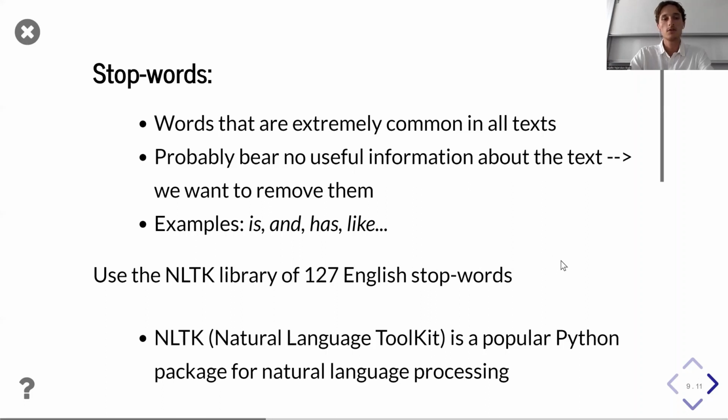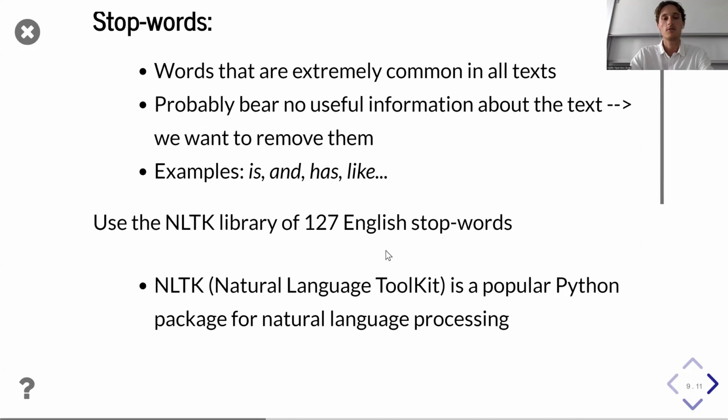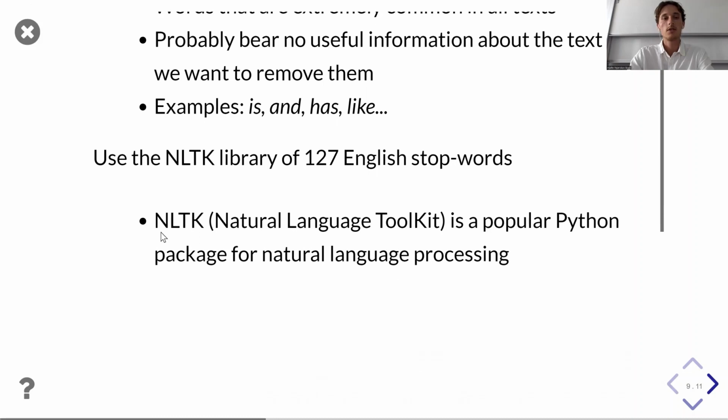So here you can also use the NLTK library of 127 English stop words. This NLTK library is a very popular Python package for natural language processing, so it's good to know this package.